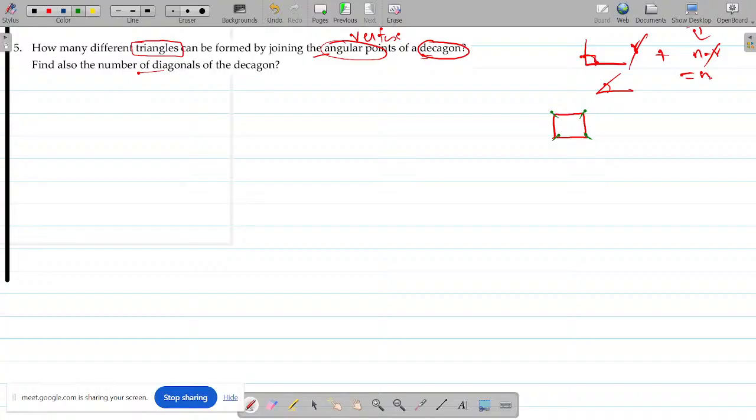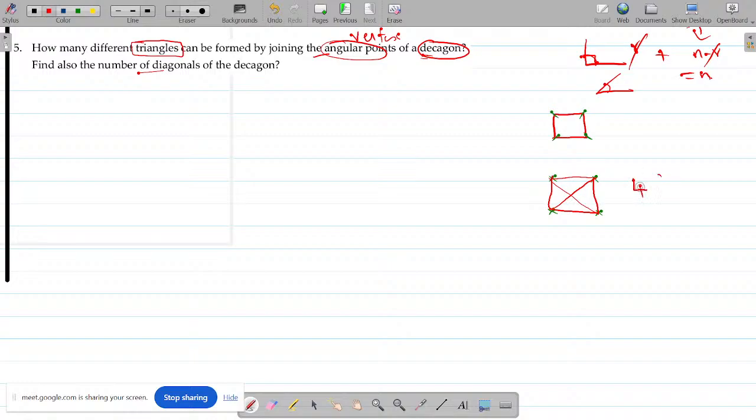How many lines can be drawn with the help of 4 points? See, I have point 1, point 2, point 3, point 4. Four dots I have. How many lines can I draw? 1, 2, 3, 4, 5, 6.